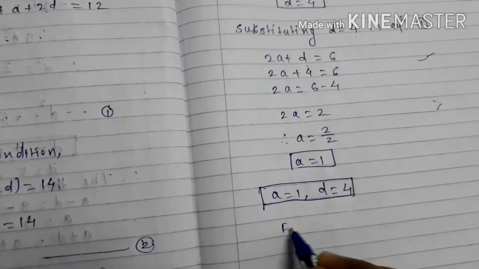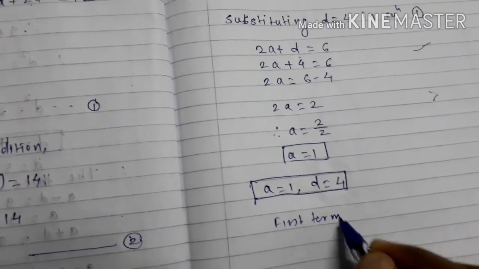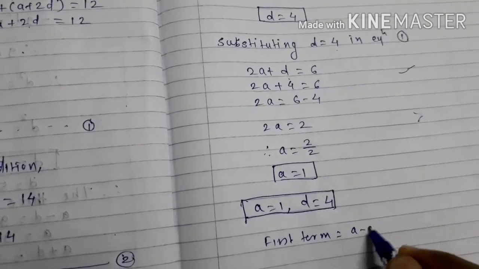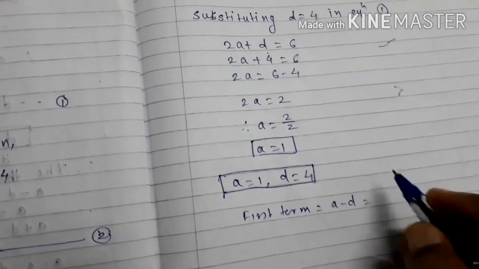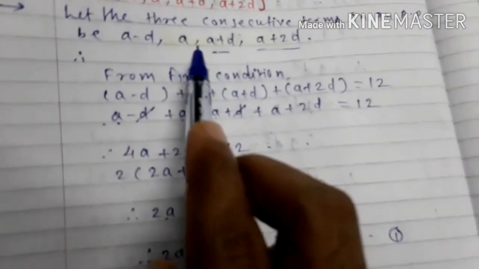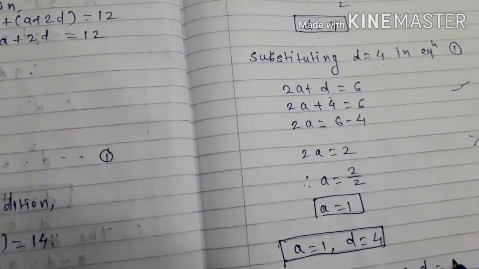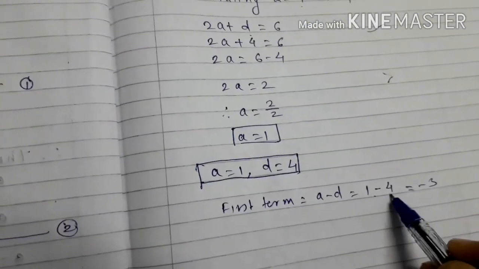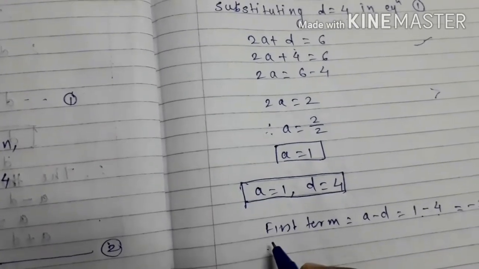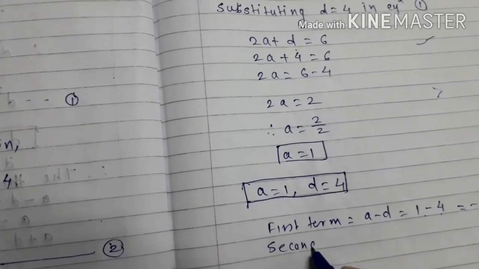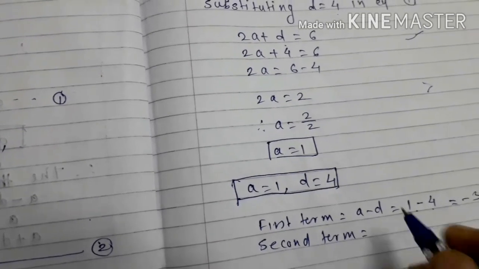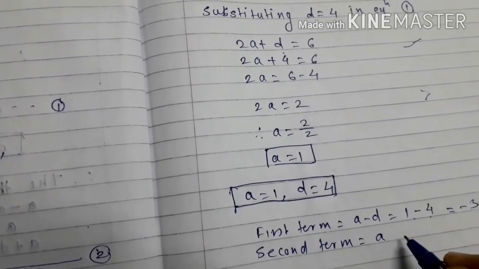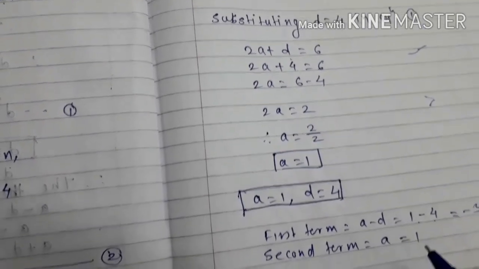First term, see here, first term is a minus d, then a, a plus d, a plus 2d. So a is 1, d is 4, answer is minus 3. 1 minus 4 is minus 3. Second term is a, is equal to 1.